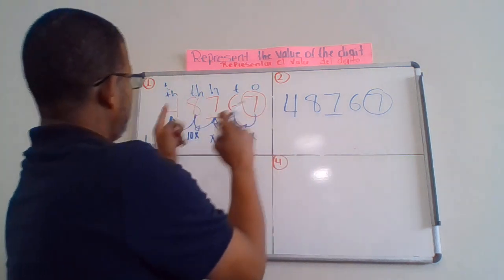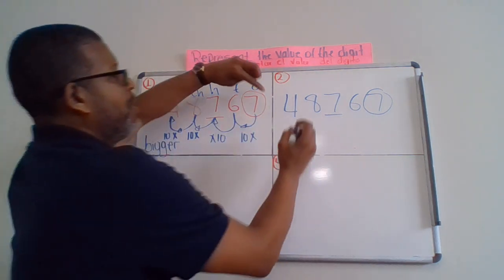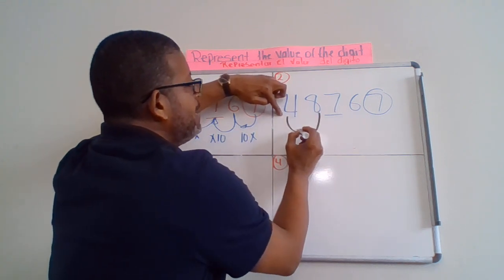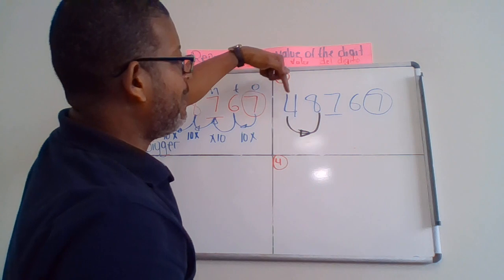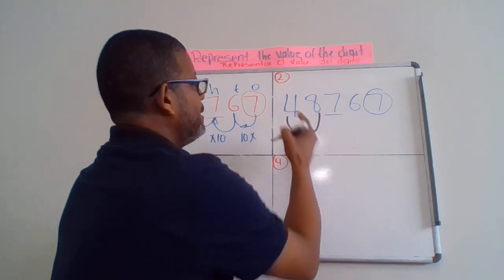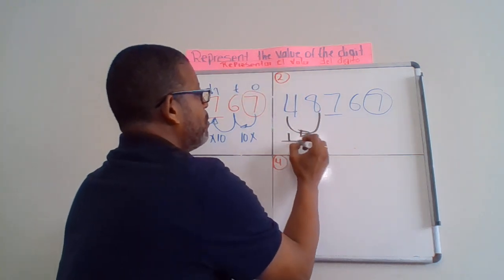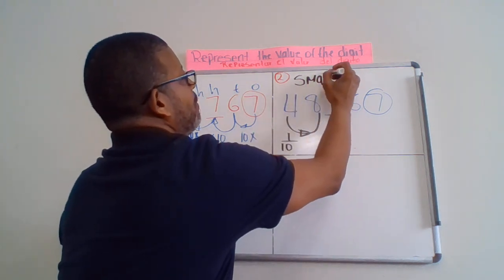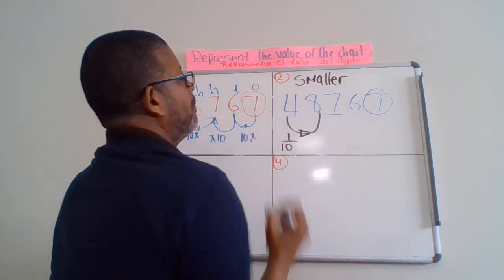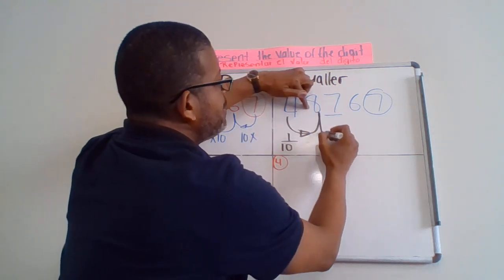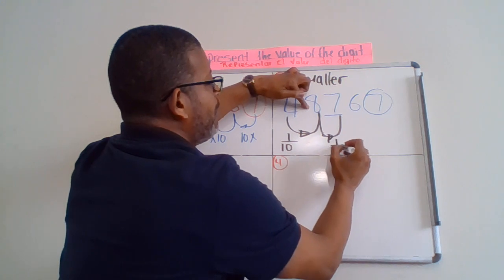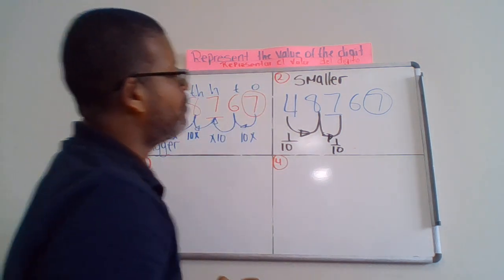So now we end up in the number 4, and now we're going to move in this direction to the next number. And we say that when we move in that direction, the next number is 1/10 smaller. If we move from this number to this number in this direction, that will be 1/10 smaller.